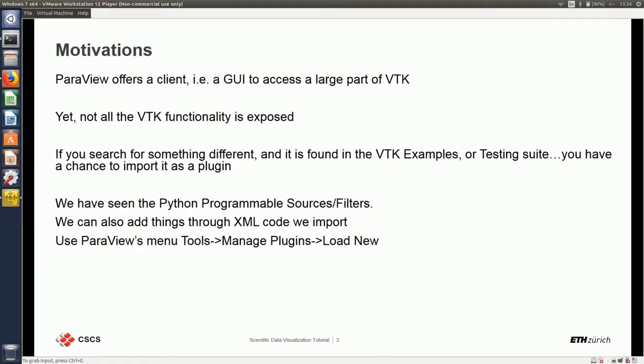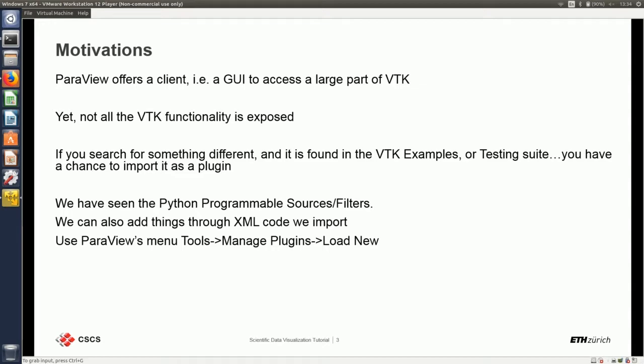ParaView is an end user application. So it's basically VTK wrapped up with a GUI. But there are so many classes, so many options, that they've limited that to a certain number of commonly used filters and algorithms and so forth.